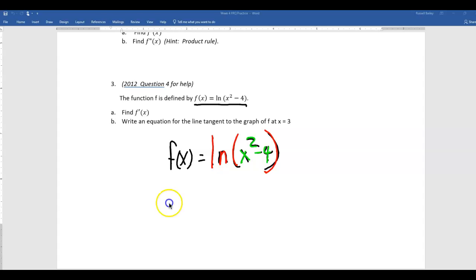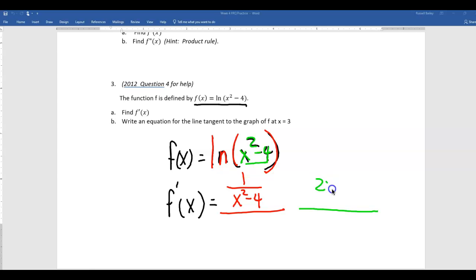Now, to take the derivative, we're going to do the derivative of the outside multiplied by the derivative of the inside. The outside is ln, so anytime you take the derivative of an ln, it's just 1 over whatever the inside is. Then the derivative of the inside piece is just 2x.